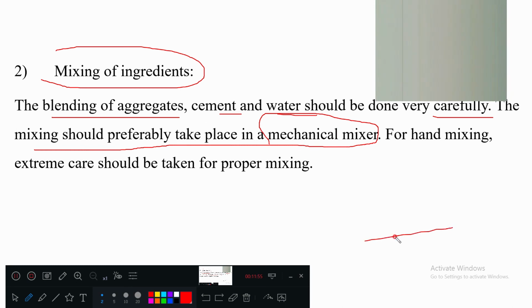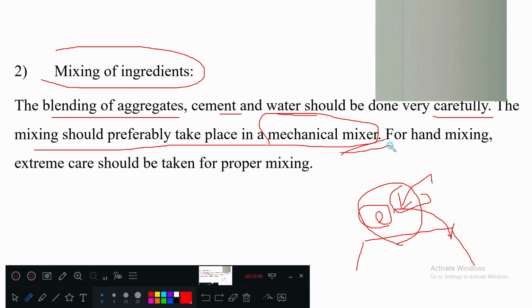There is a big rotating drum with an opening, you pour in the ingredients and it continuously rotates. After that you take it out. This is called a mechanical mixer. For hand mixing, extreme care should be taken. In general, you should use a mechanical mixer for proper mixing of the ingredients. Ingredients are nothing but raw materials.